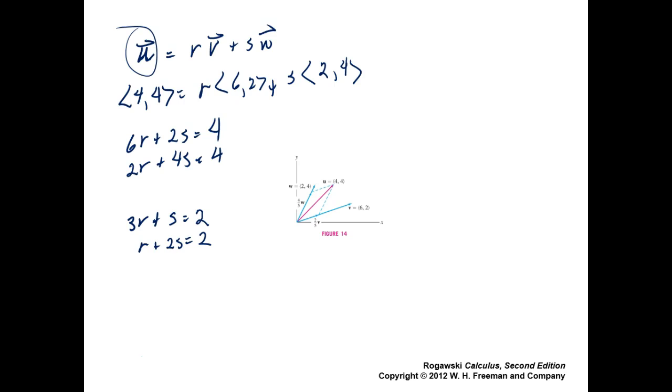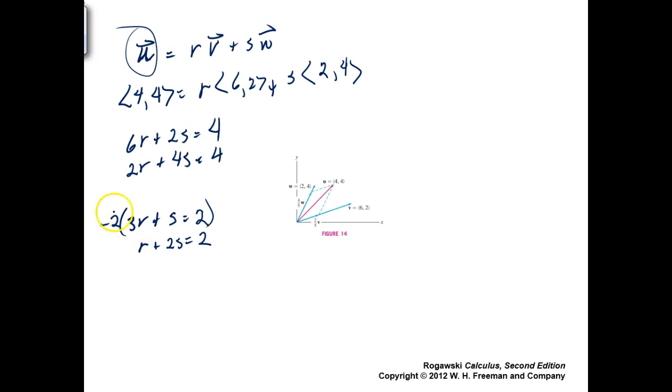Okay. Which one would you like to eliminate? I would like to do s as well. And how would you eliminate it? Multiply the top equation by -2. And that would produce this as the second equation.